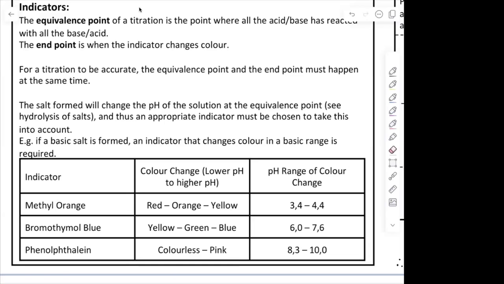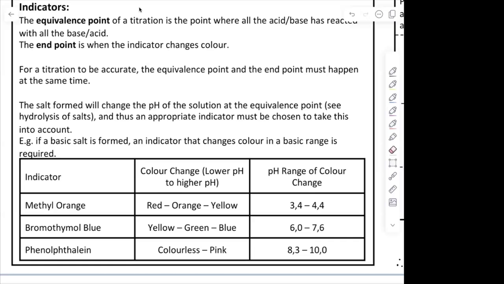So if you know you're dealing with strong acid, strong base, or weak acid, weak base, you're going to be using bromothymol blue as the indicator for your reaction. And lastly, the one that is very difficult to say, some people say phenolphthalein, I say phenolphthalein. It doesn't really matter as long as you can write it down in the exam. They're not going to be listening to how you pronounce it.